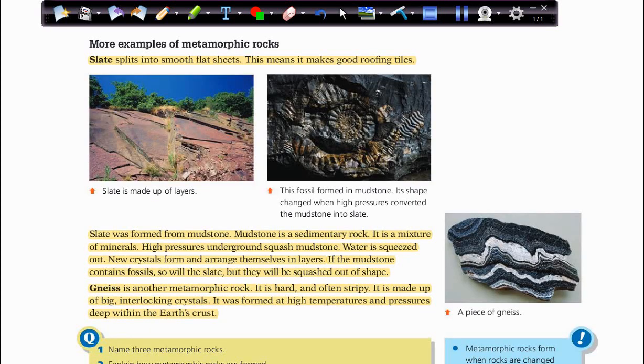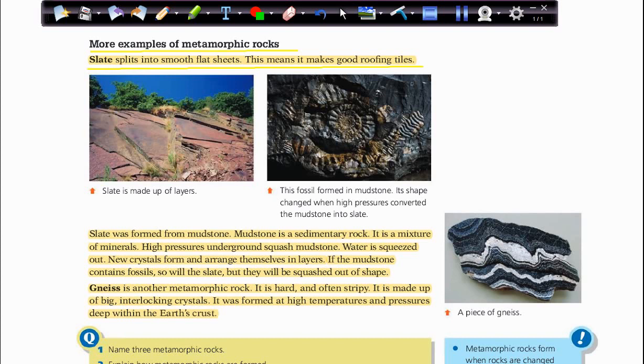So let's see the examples of these metamorphic rocks, and we will see why they look stripy. Slate. Slate splits into smooth, flat sheets. This means it makes good roofing tiles. You know, we have some kind of roofs.